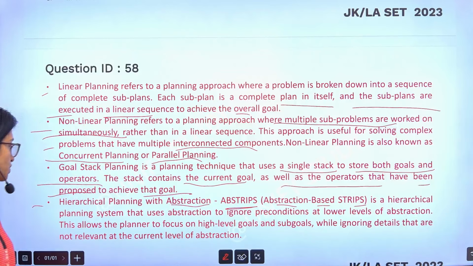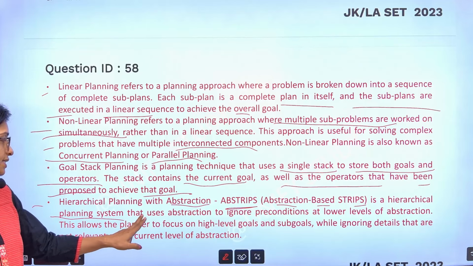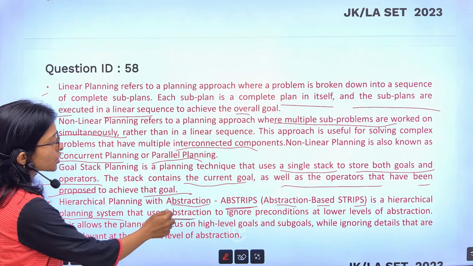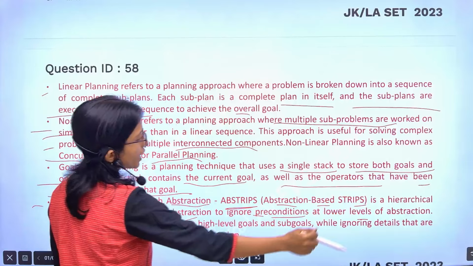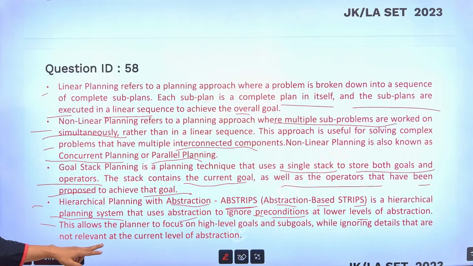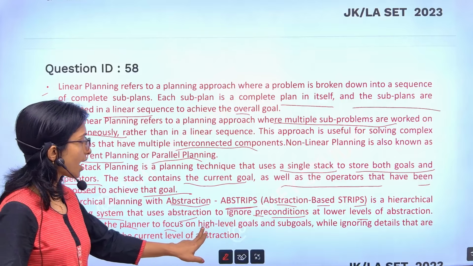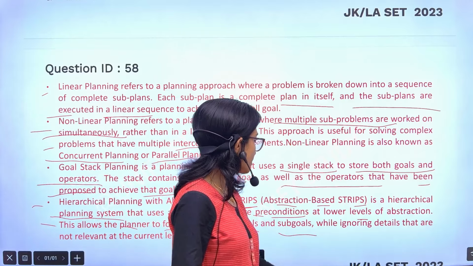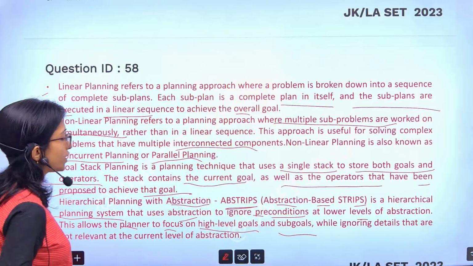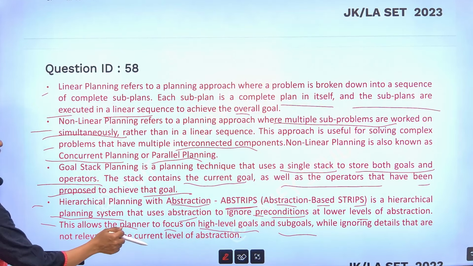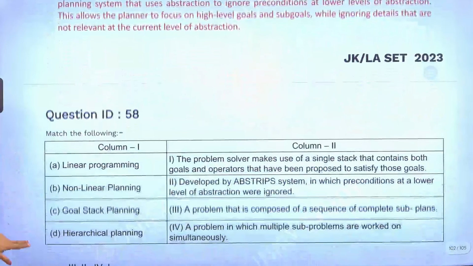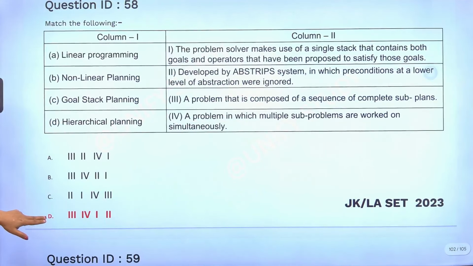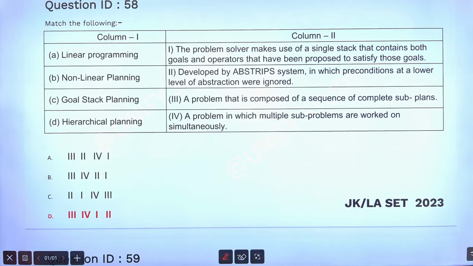This is a special type of hierarchical planning system that uses abstraction to ignore the preconditions at the lower levels of abstraction, which allows the planner to focus on high level goals and sub goals while ignoring the details not relevant to the current level of abstraction. These are all different types of planning techniques, and that's why your answer is option D here. Got it?